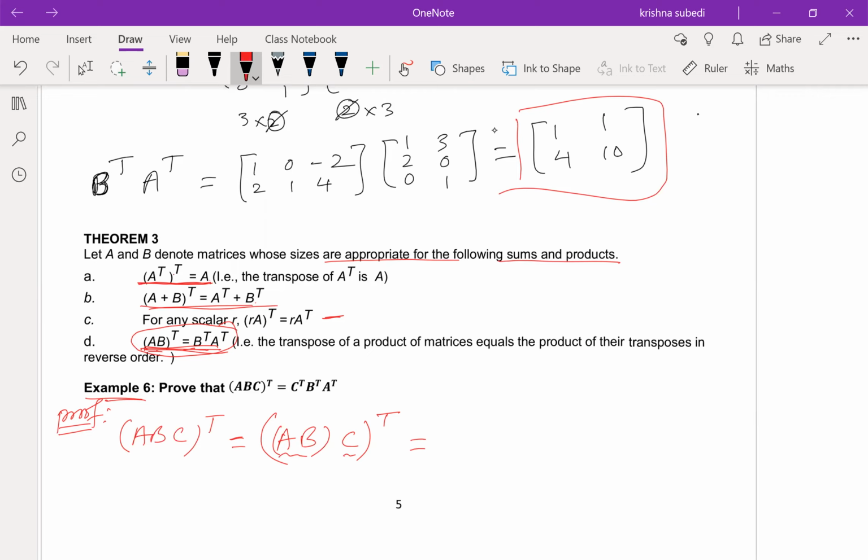So what can I say about it? C transpose and AB transpose, right? Because the order now changes. Now in this case, I can use part D of the theorem, theorem 3D.